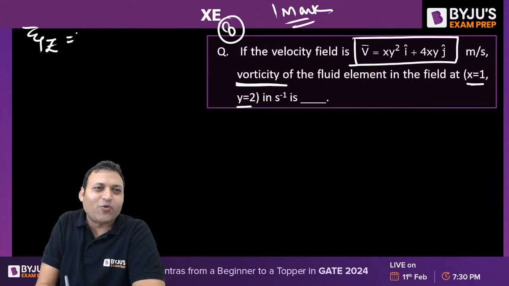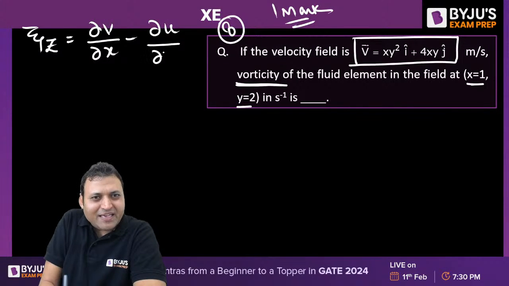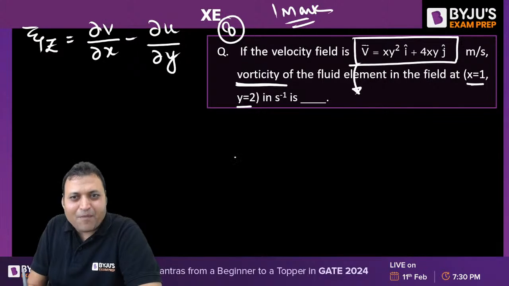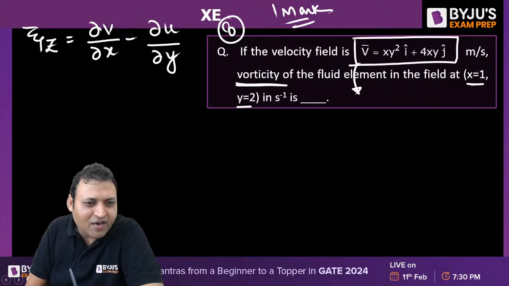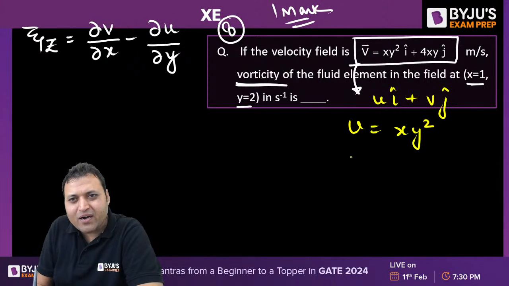What is the formula for vorticity about the z-axis? It is del v by del x minus del u by del y, isn't it? That is the expression for vorticity. If we compare this velocity profile with u i cap plus v j cap, then u is equal to xy square, v is equal to 4xy.